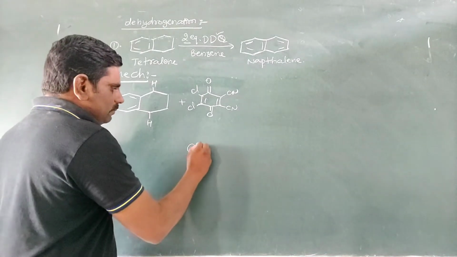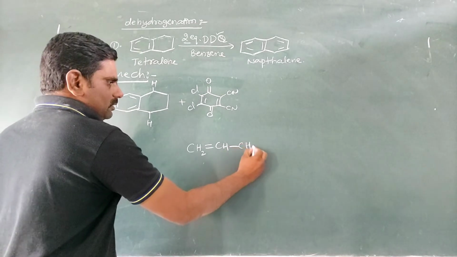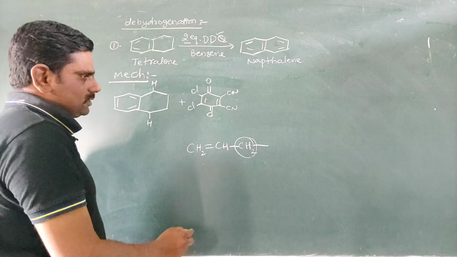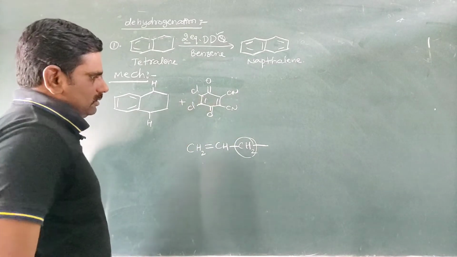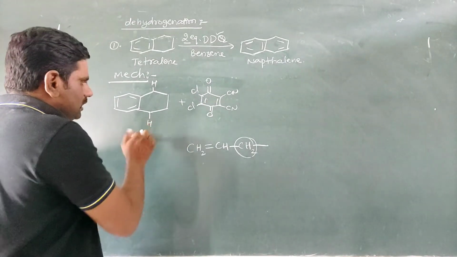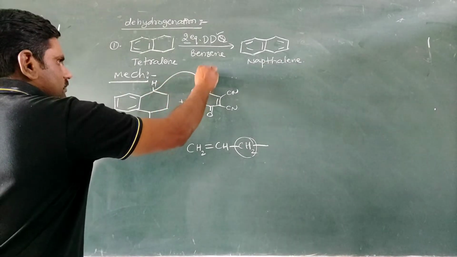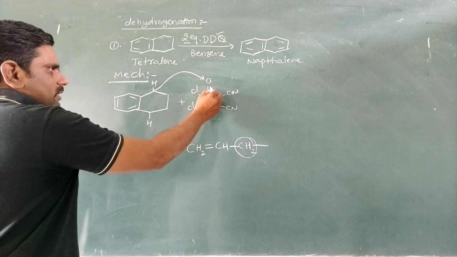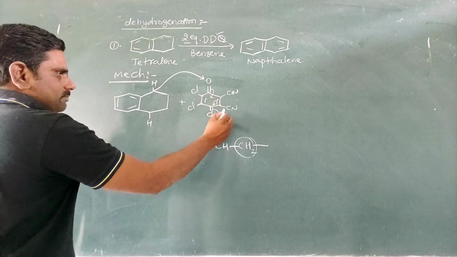You know, allylic position means this is the vinylic position, and this is the allylic position. So DDQ abstracts a hydrogen as hydride ion, H-, from the allylic or benzylic position. Now here a benzylic position is present, that's why it abstracts H- along with the bond, and here a small rearrangement occurs like this.